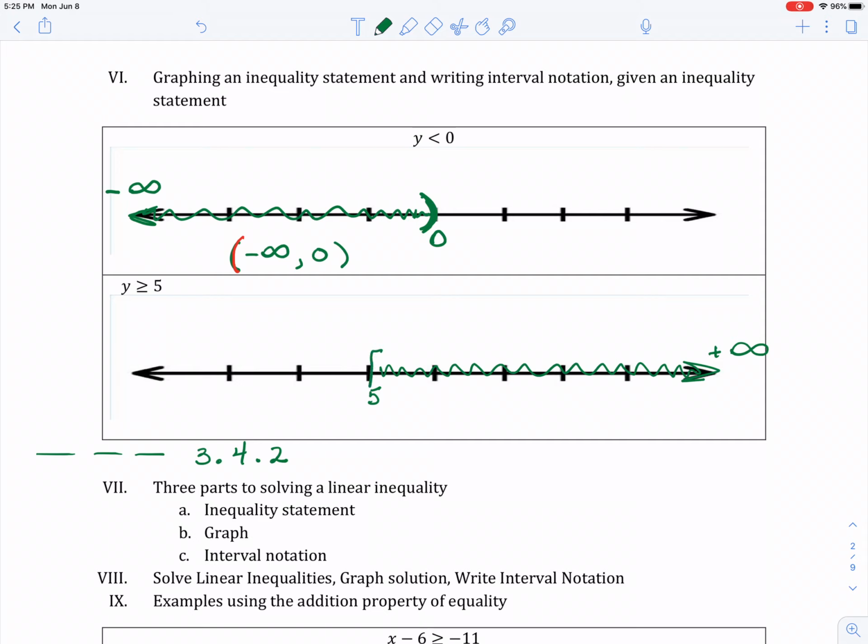And yes, I do include the 5 because it says greater than or equal to 5. And again, notice I turn the bracket in the direction of where the numbers in the solution are located. And when I put it in interval notation, I'm just basically following the notation that I see on the number line.